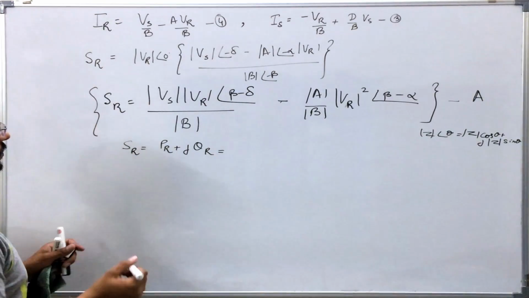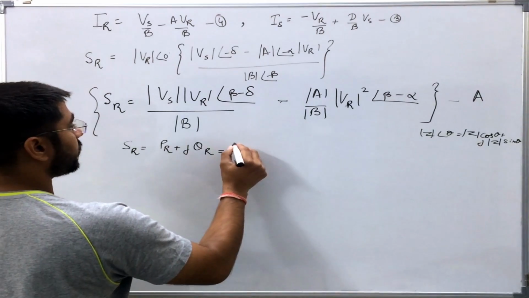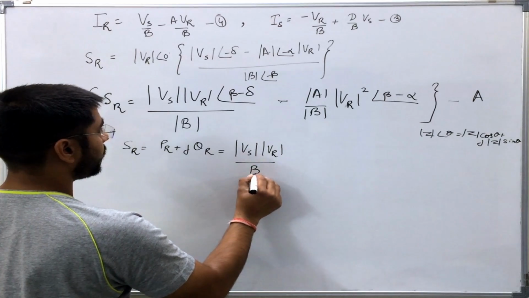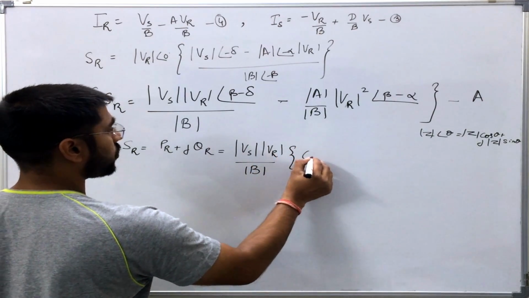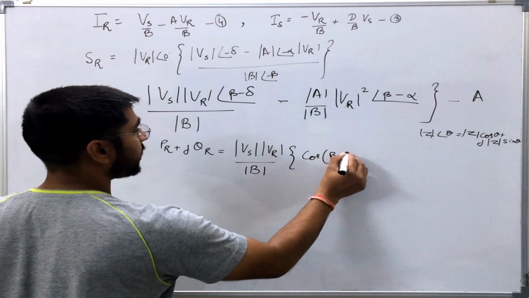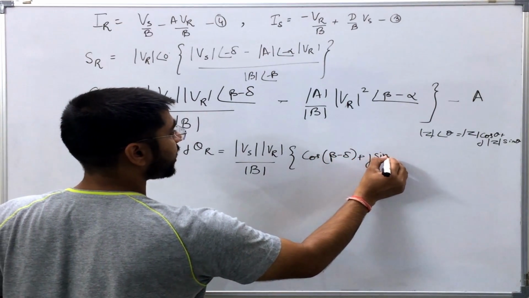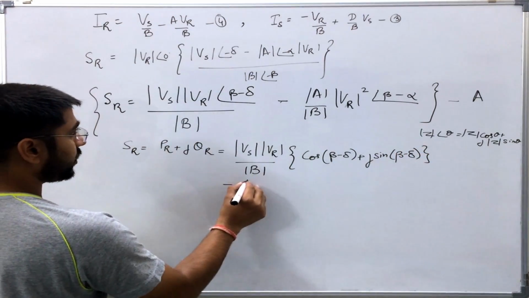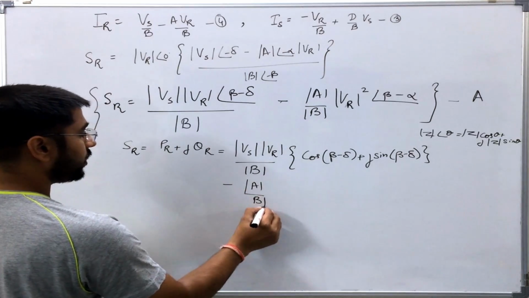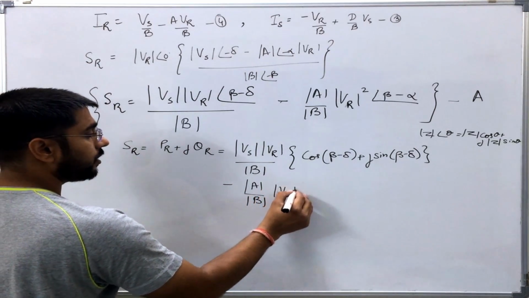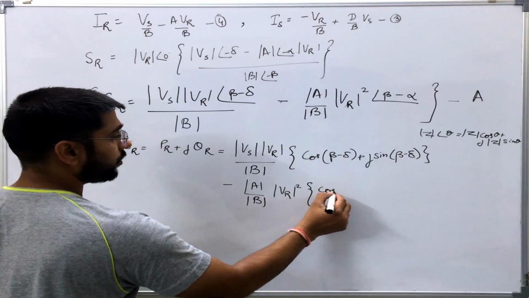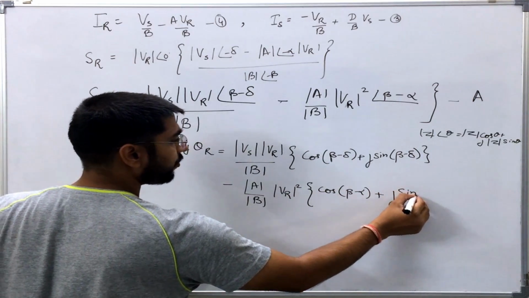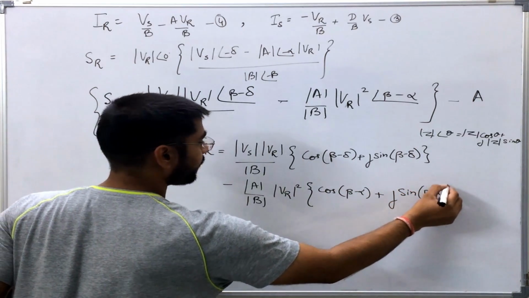I get Vs VR over B (cos of beta minus delta plus j sin of beta minus delta) minus A by B VR square (cos of beta minus alpha plus j sin of beta minus alpha).